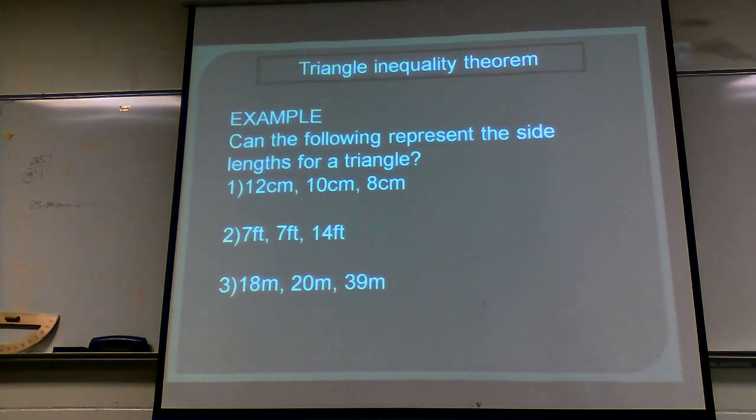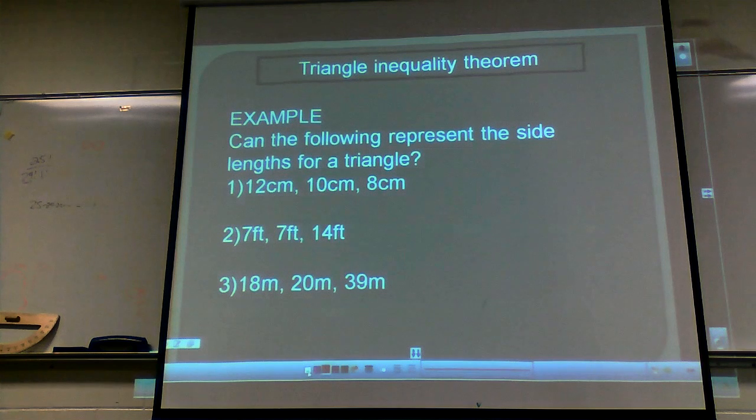Okay, so for this type of problem, you're not going to have to do all 3 inequalities that were up there in that theorem. The only thing you're going to have to worry about is taking the 2 smallest numbers that are up there, adding them together. For this to actually be a triangle, those 2 sides have to add together and be bigger than the third side. So if I was testing the first one, my 2 smallest numbers are these 2, right?